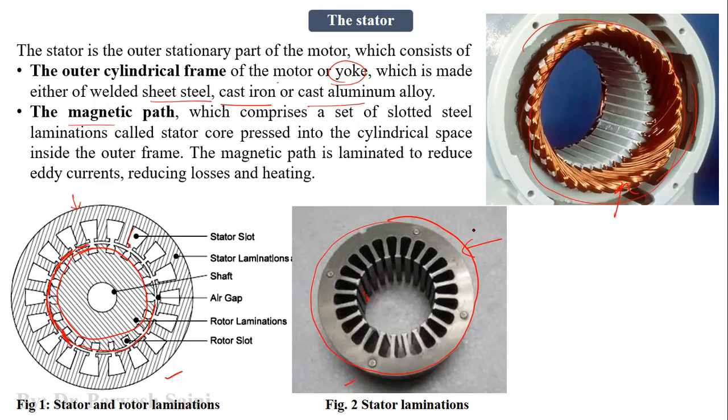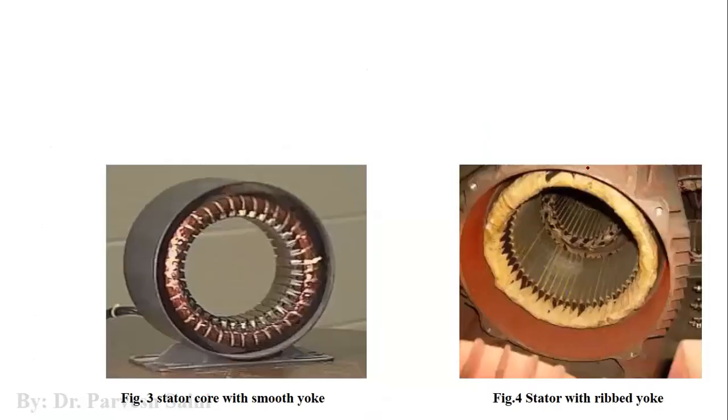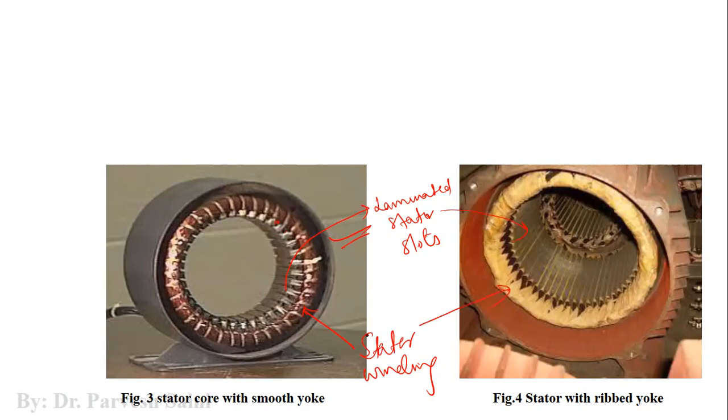So these are the diagrams for stator. As you can see here, we have two types of diagrams. In this particular stator, this is the stator winding, and we have these laminated stator slots here, and these are the stator windings.